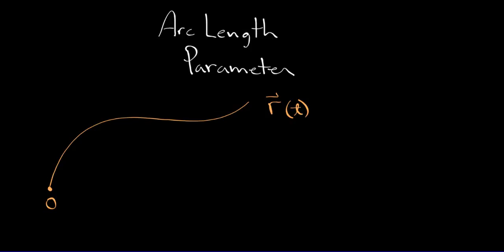The question is, can you find the precise point on this arc easily? Now, because this parameter is in t, right? And usually we think of that as time. But if I tell you that it's traversed 10 centimeters, you don't really know precisely where that is on the arc. Well, that's a problem, right?